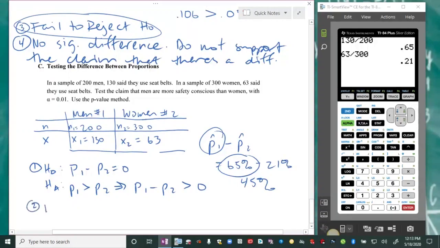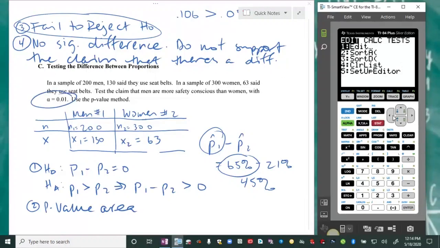So step number 2, the p-value area is what we're looking for next. And we're comparing that to a significance area of 0.01. I go into stat and then tests down to a 2 proportion z-test. There it is. Okay, so I want my favorable outcome for sample 1, that's the men, so that's going to be 63.